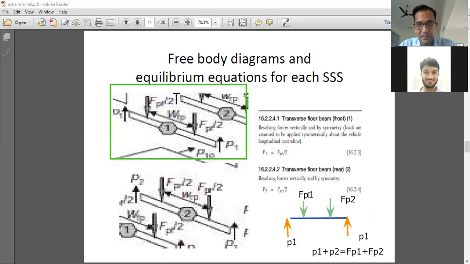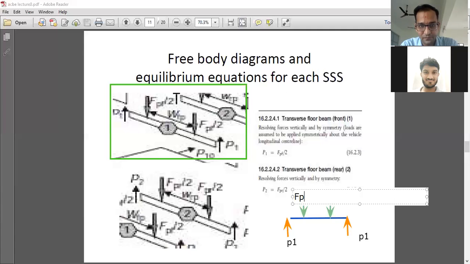In our case, the loads have been assigned as front passengers in common. So the designation we have seen is somewhat different. How is it? It is like this: FPR, front passenger load, divided by 2.